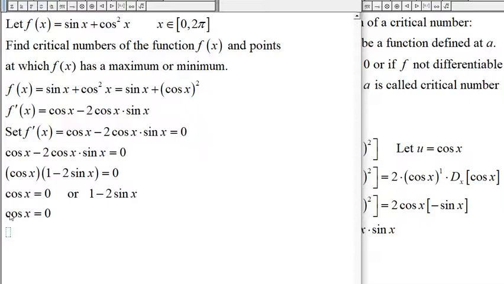And then for this one right here, we want to find where the cosine is 0. And so we know that cosine of pi over 2 is 0, and then 3 pi over 2, and so on.